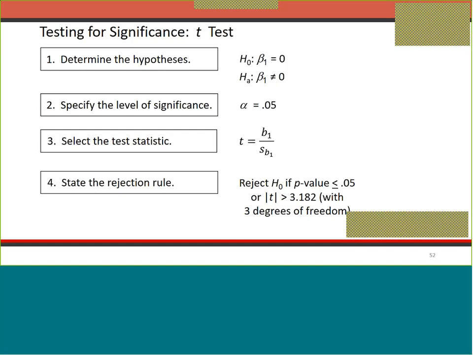In the current question, you have to reject H0 if the p-value is less than or equal to 0.05. If you want to use the critical value method, then mod t should be greater than the table value. The table value is for alpha equal to 0.05 and 3 degrees of freedom, because there are 5 observations for each of x and y.